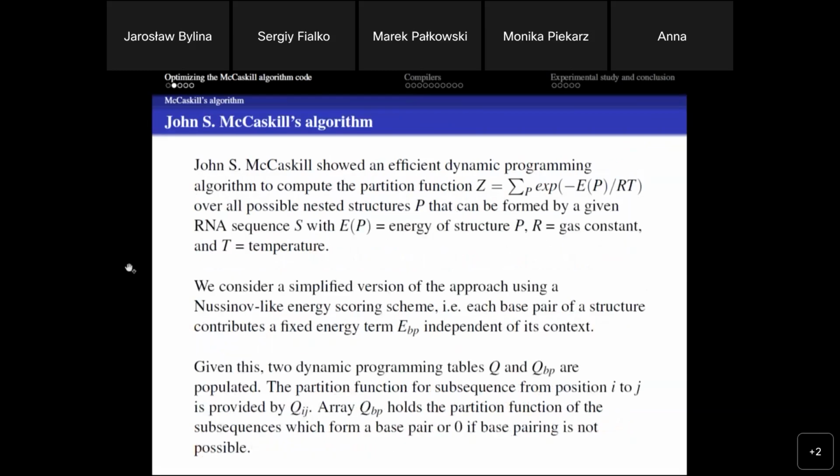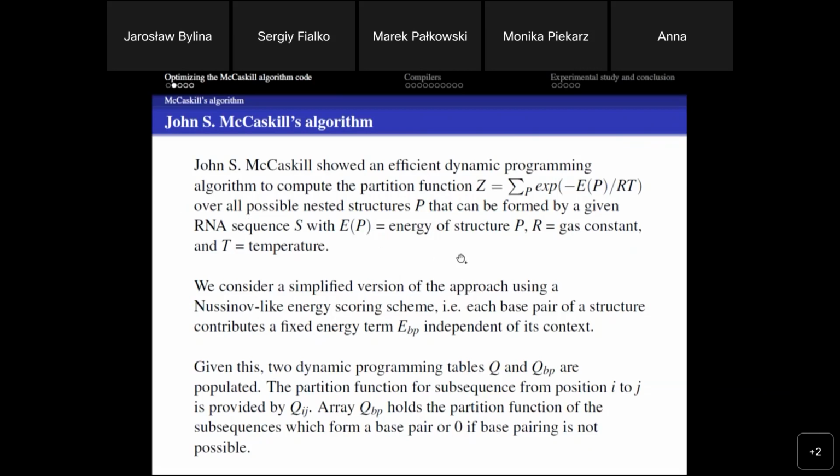In theory, John McCaskill in 1990 showed this method to find the RNA structure using probabilistic methods, and this method is also used in the MIA method, which was proposed in 2010. So it's fairly fresh for a computational biology theory and algorithm.